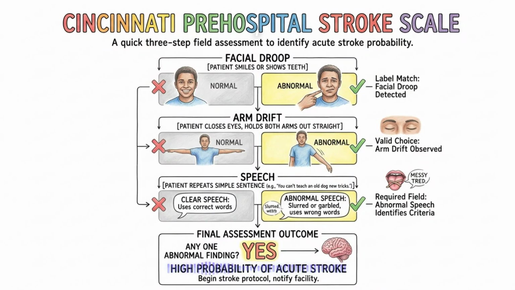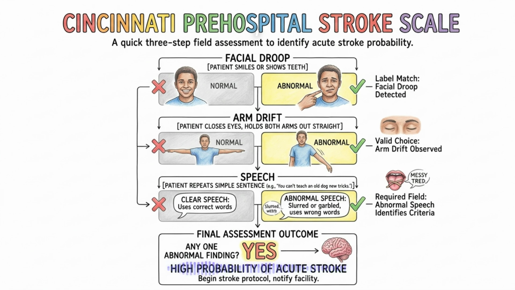To quickly identify a stroke in the field, you will use the Cincinnati Pre-Hospital Stroke Scale, which is heavily tested on the NREMT exam. This scale looks for three specific signs, starting with facial droop, where one side of the face does not move equally when the patient smiles.